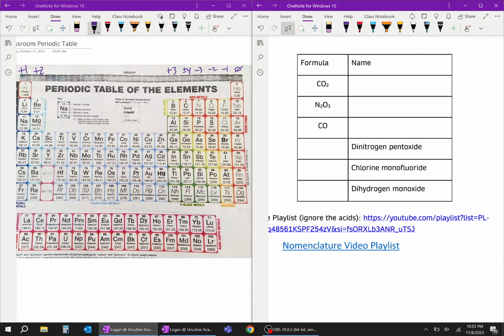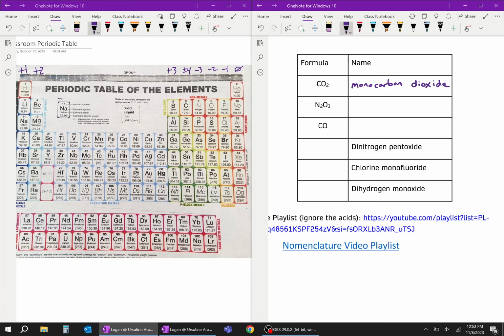So, I have 1 carbon and 2 oxygens. So let's go ahead and write in all of the prefixes. If I have 1 carbon, that would be called monocarbon. If I have 2 oxygens, that would be called dioxygen. But I always need to end in "ide." So monocarbon dioxide.